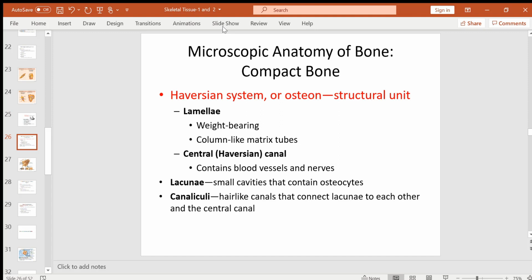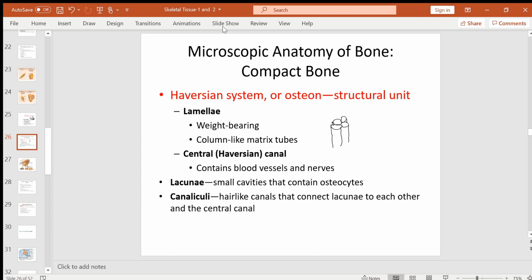First, the structure of a compact bone. I already explained in the tissue section that bone is formed by many columnar structures bundled together to form the bone or bone tissue.